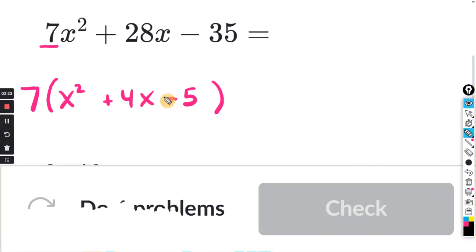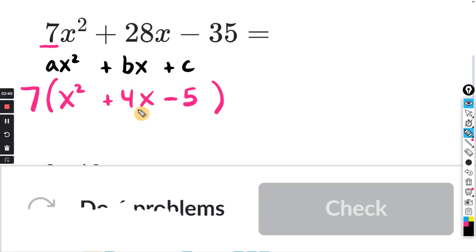Now this part in parentheses is in the form of ax squared plus bx plus c. All right, and you can see there is no number or coefficient in front of the x squared, so a is just 1, and we don't need to worry about it.